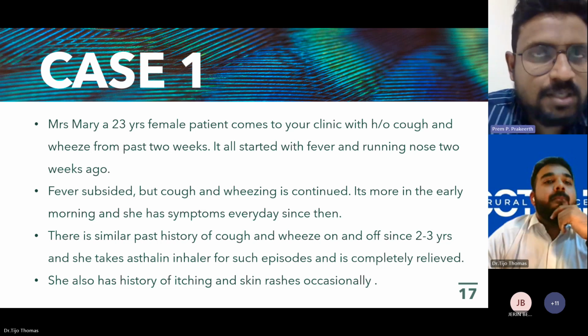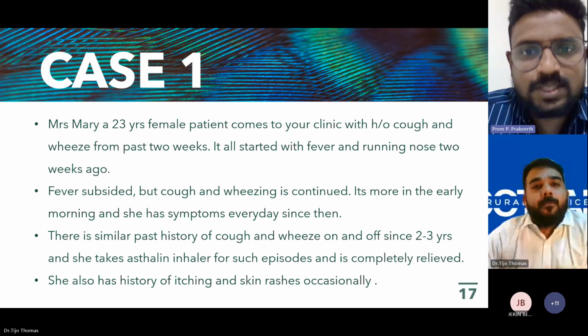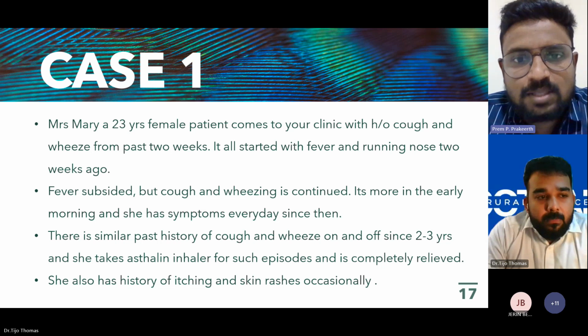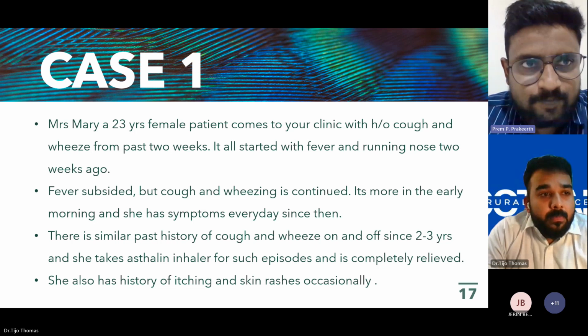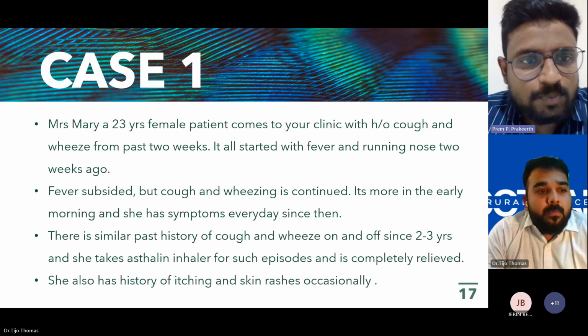Second, in respiratory, usually they'll have history of wheeze. Wheeze is a symptom of bronchospasm. Obviously, wheeze can be there in cardiac failure also, but most commonly you'll have history of wheeze in a respiratory cause. And the next thing is history of orthopnea or PND.